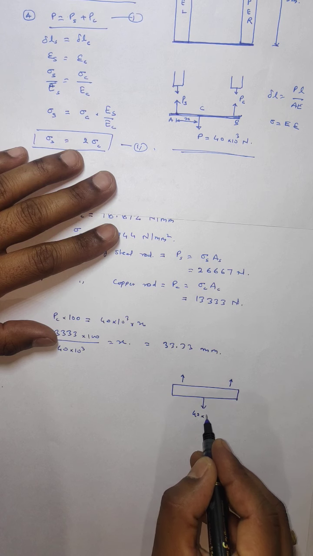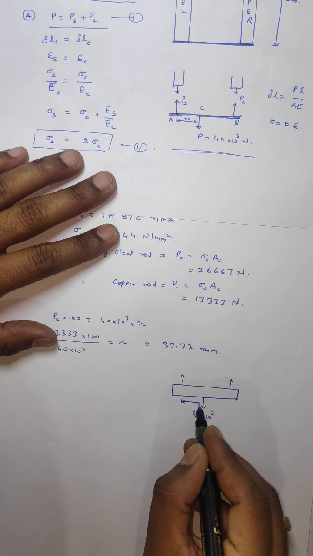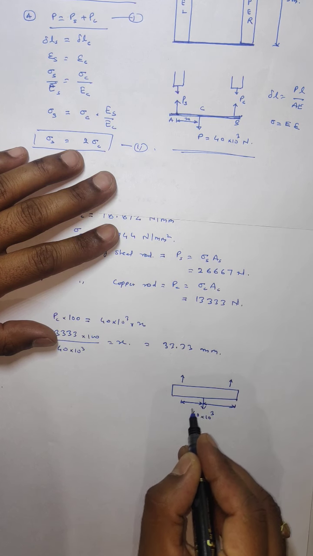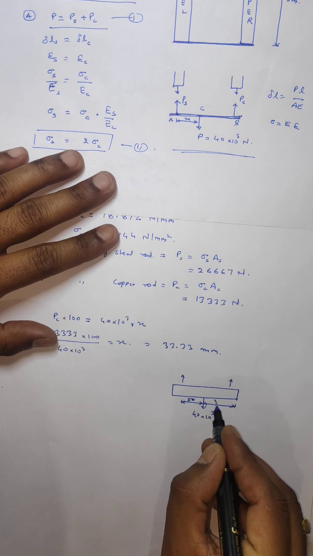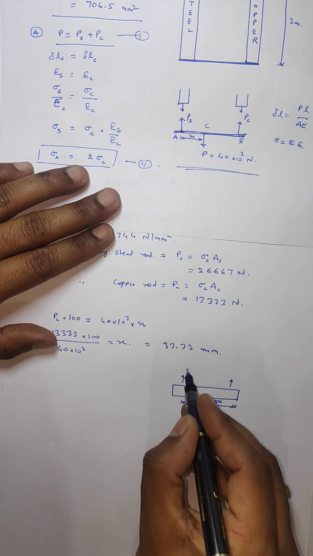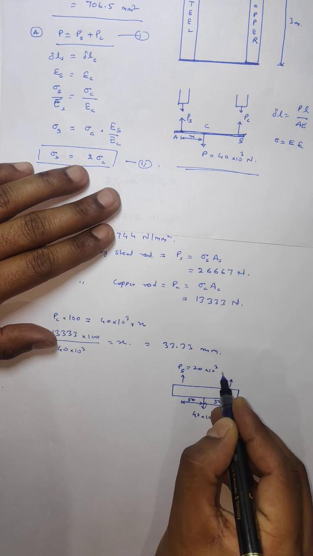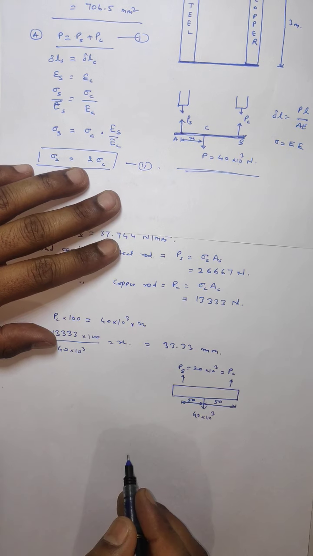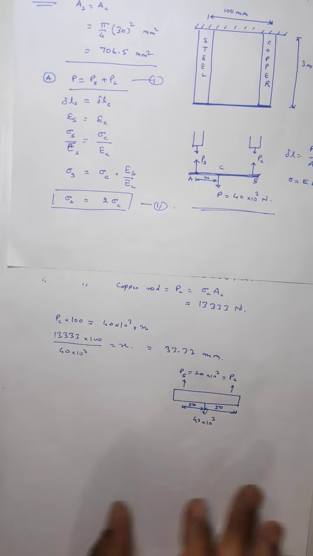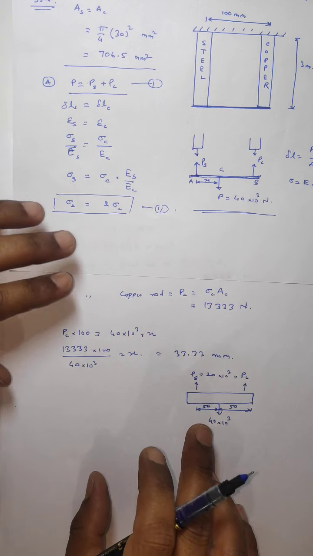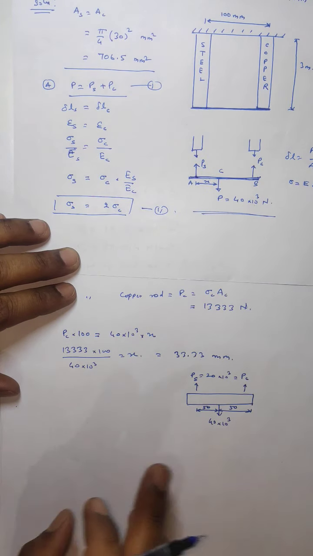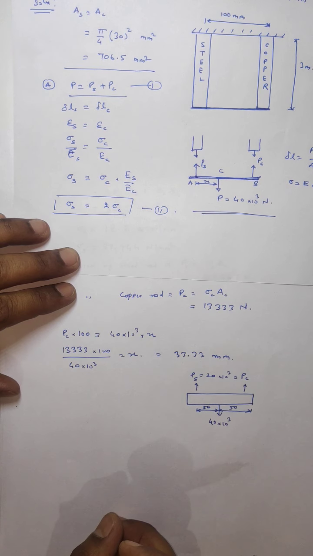The load is 40 into 10 to the power 3, and this is 50 and again this is 50 mm. So PS is equal to 20 into 10 to the power 3, and that will be equal to PC. The load taken by both rods will be equal because it is hung exactly at the mid span.